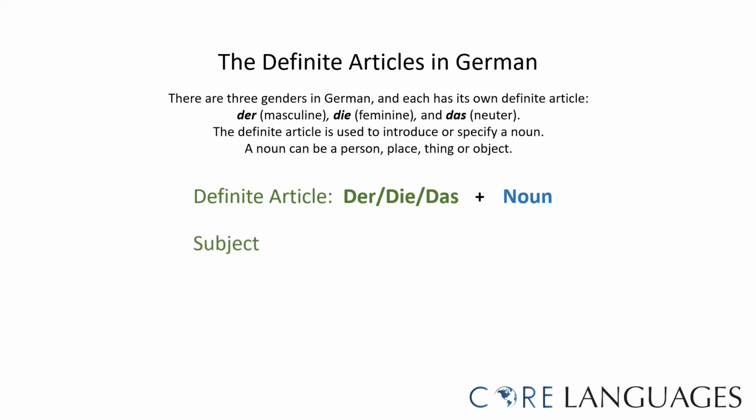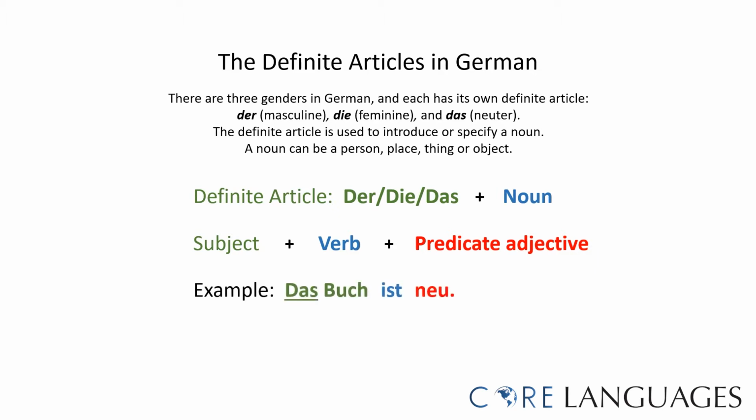In a sentence, we would have the subject, the verb, and the predicate adjective. The subject would be a noun and its article. For example, das Buch ist neu. The book is new. Das Buch is a neutral noun, so it uses the definite article das.